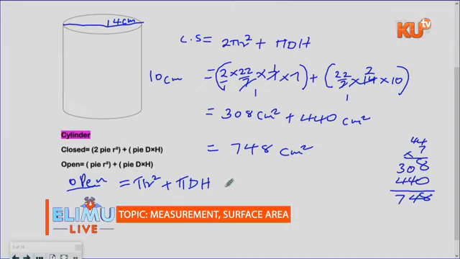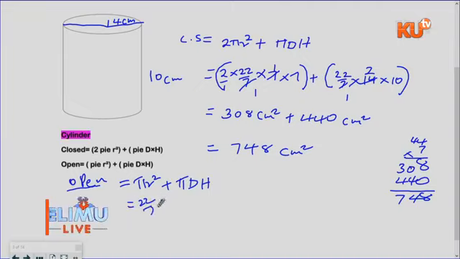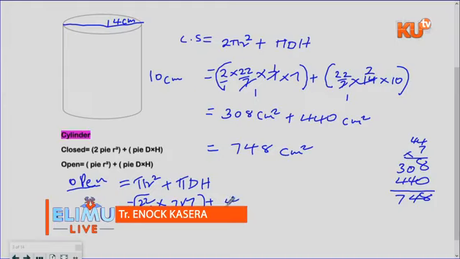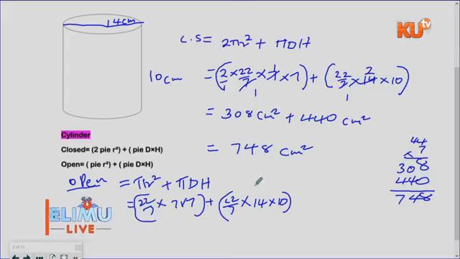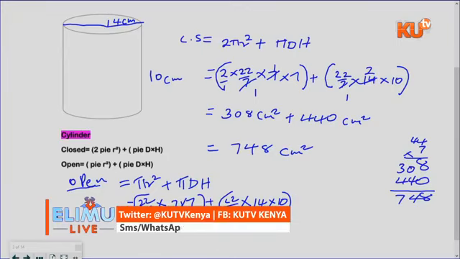So we have 22/7 times radius, which is just 7 times 7. Let's bracket this. Then plus pi dh, so we have 22/7 times 14 times 10. Cancel 7 with 7, 7 with 7.